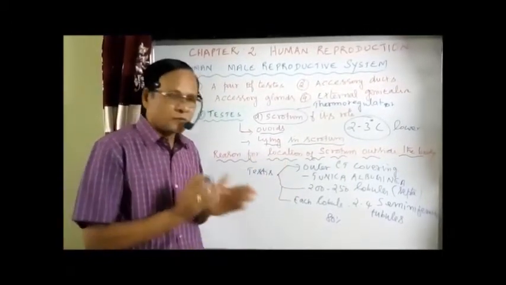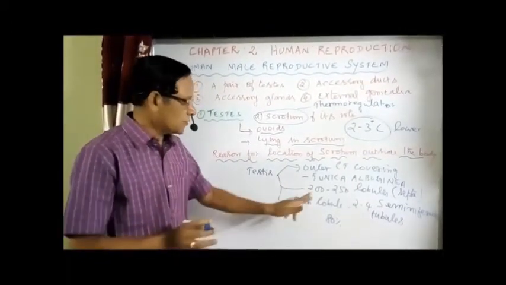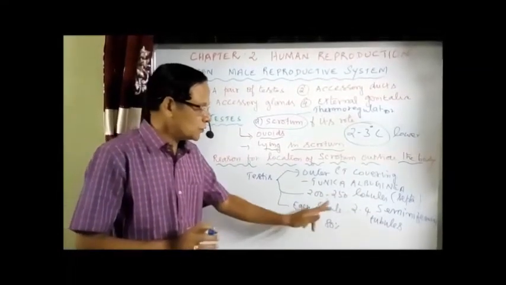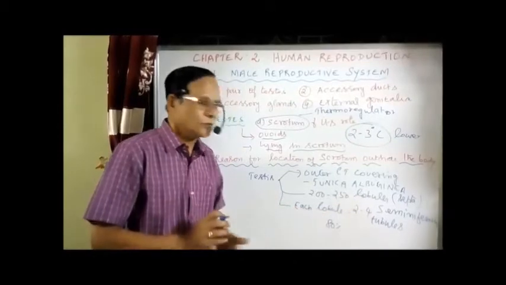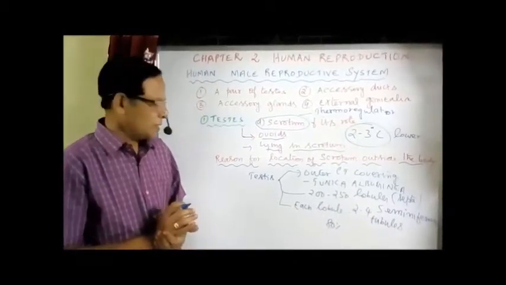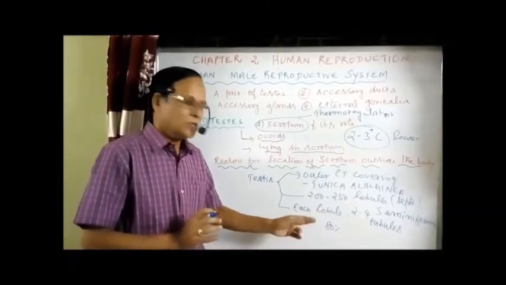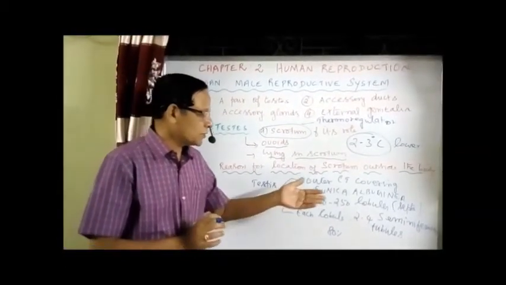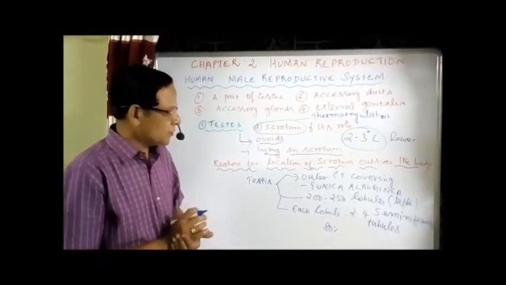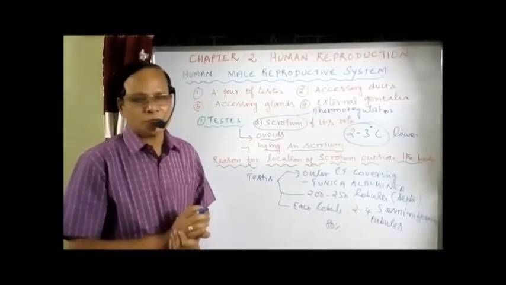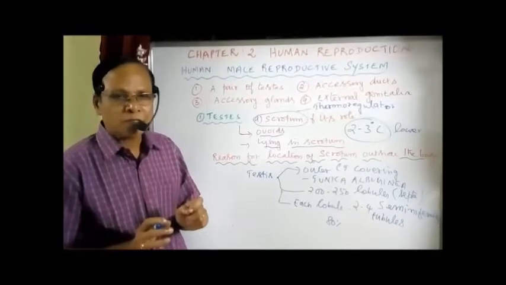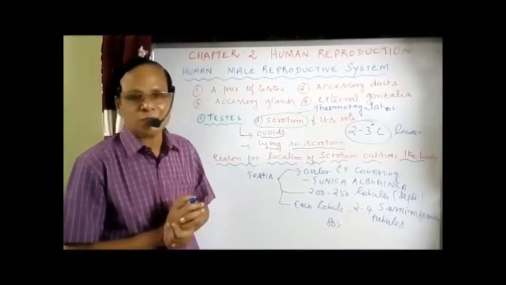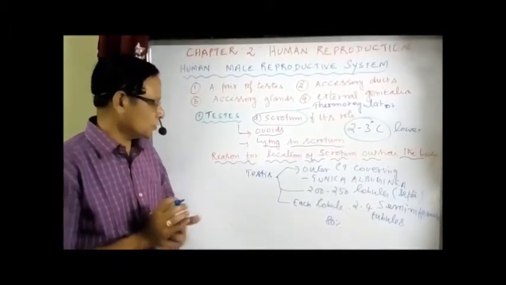By means of septa, each testis is divided into 200 to 250 lobules, and each lobule contains 2 to 4 highly coiled seminiferous tubules, the unit of the testis. Nearly 80% of the testicular substance is formed of seminiferous tubules, which are also called testicular tubules. They are the site of production of sperms.